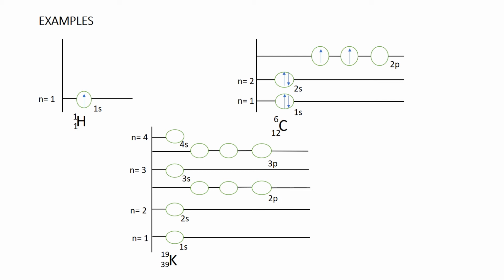Now we have all our 6 electrons. If you count 1, 2, 3, 4, 5, 6, make sure you count your number of electrons, because you can make a mistake. If you're not sure, remember carbon is in group 4, so its valency should be 4. So the second energy level should have 4 electrons in total.